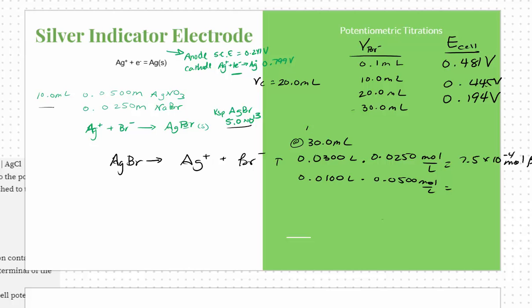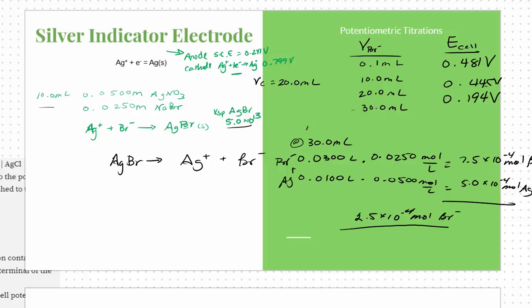Now the moles, so this is the bromide and this is the silver. So the silver is still at 5.0 times 10 to the negative 4th moles. And because they react 1 to 1, I can just subtract these. So what I end up with is an excess of 2.5 times 10 to the negative 4 moles of Br in excess, but I need the concentration.